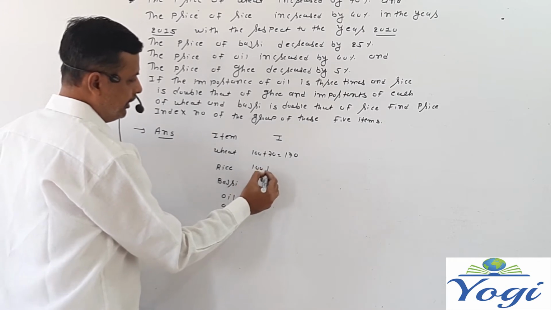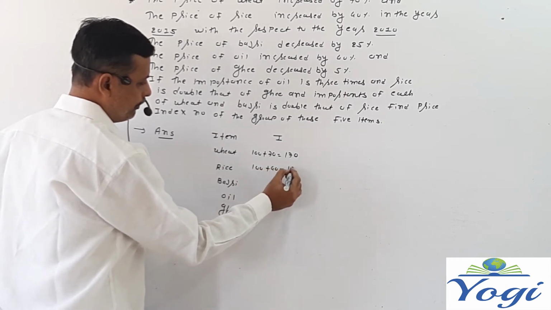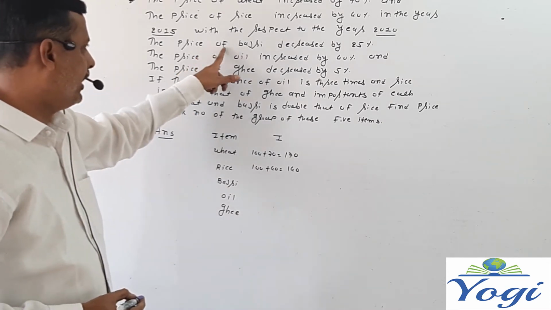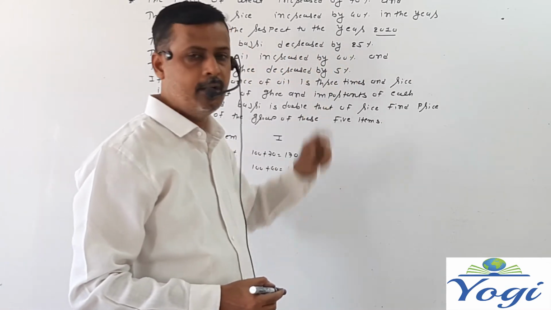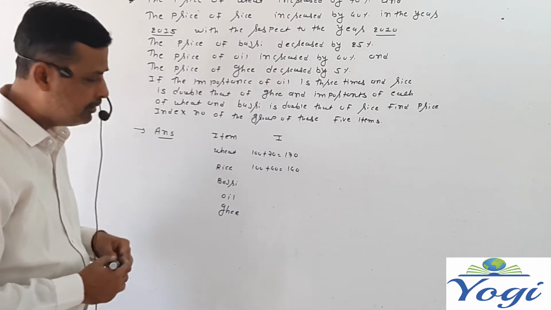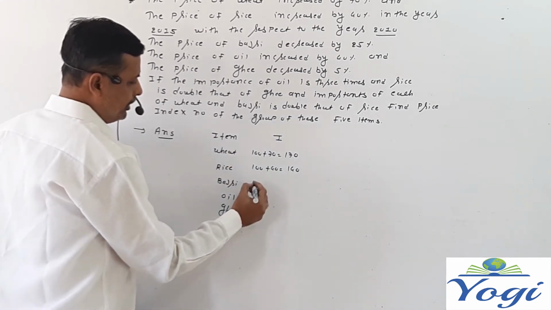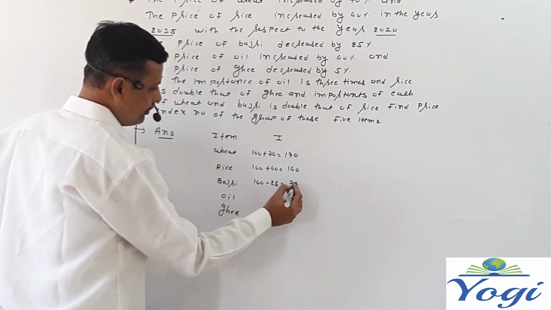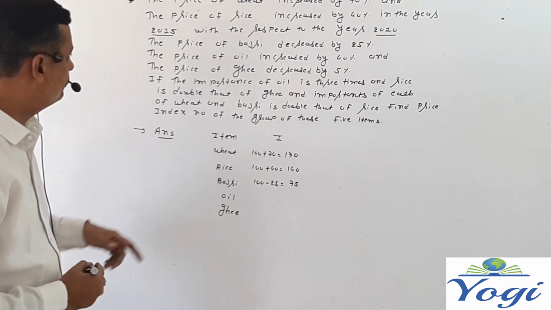The price of rice increased by 40% in the year 2015. Base index is 100 and 40% increase. So 140. The price of bajri decreased by 25%, so we have to minus from 100. So base index 100 and 25% decrease, that is 75.